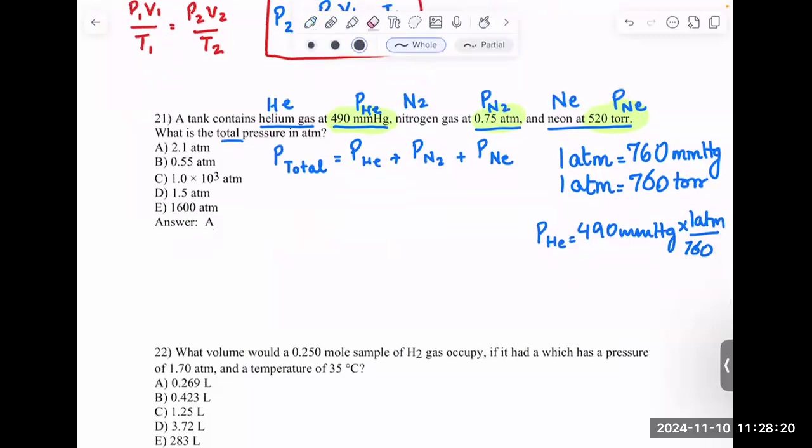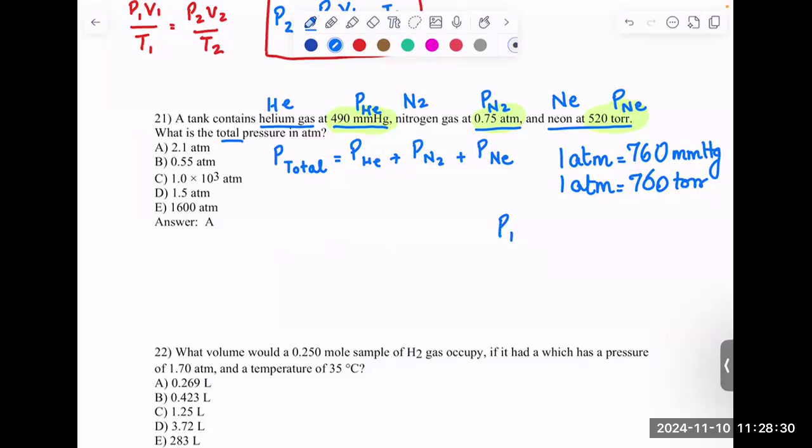So the partial pressure of helium is equal to 490 millimeters of mercury times 1 atm over 760 millimeters of mercury.